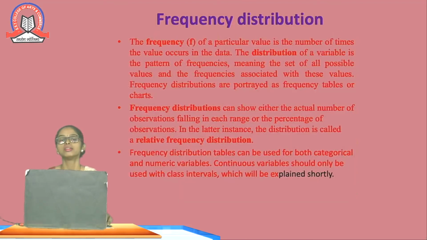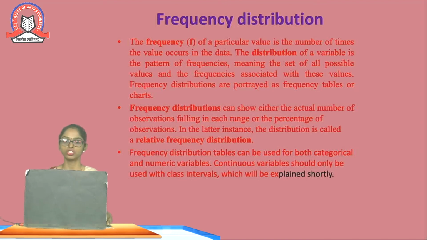Now what are frequency distributions of these variables? The frequency of a particular value is the number of times the value occurs in the data. The distribution of a variable is the pattern of frequencies, meaning the set of all possible values and the frequencies associated with these values.